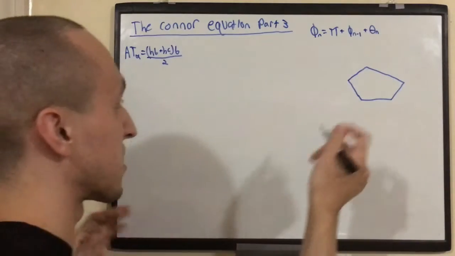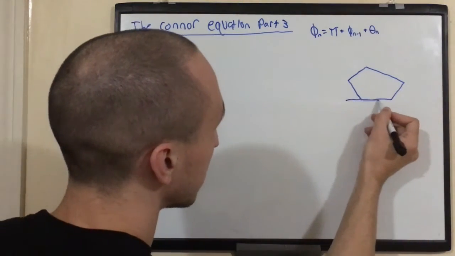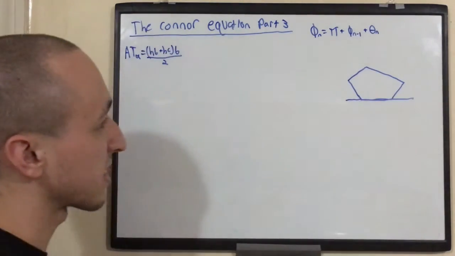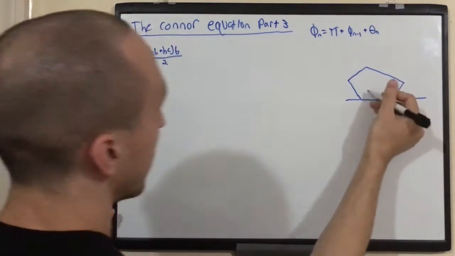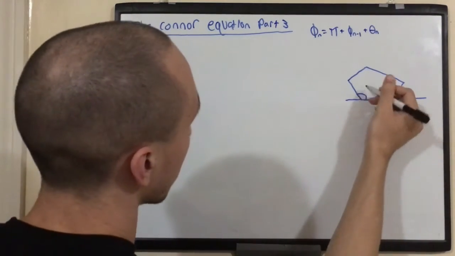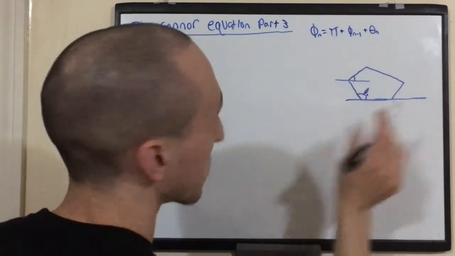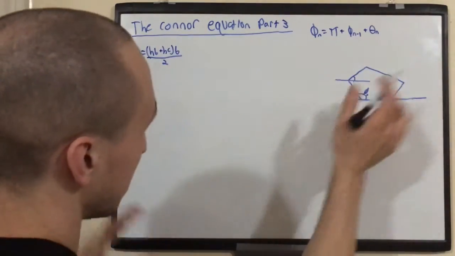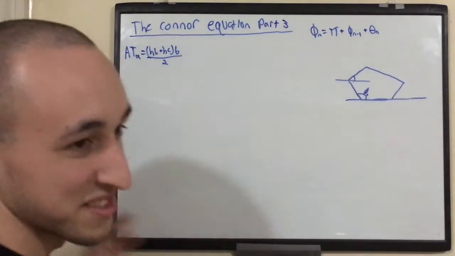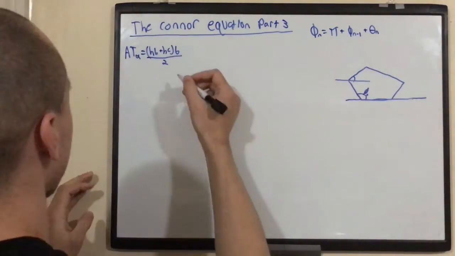In this case, we're just going to say this is the positive x-axis right here. So this, by the way, would be phi 1. This is phi 2. I'm not going to draw it, okay, for space reasons, basically.